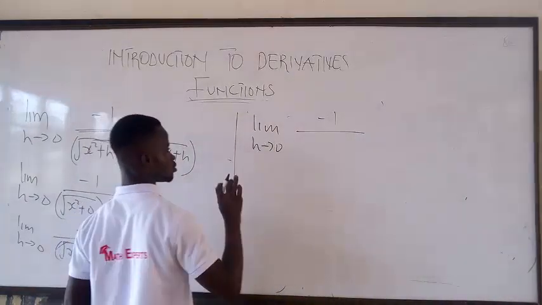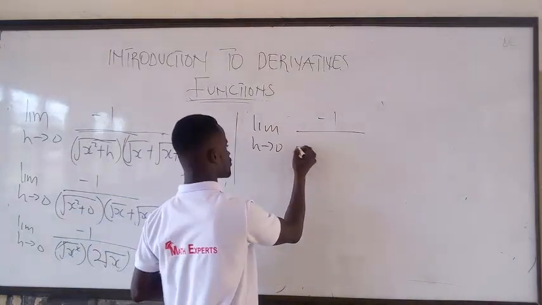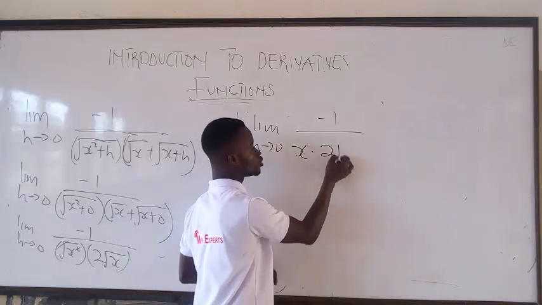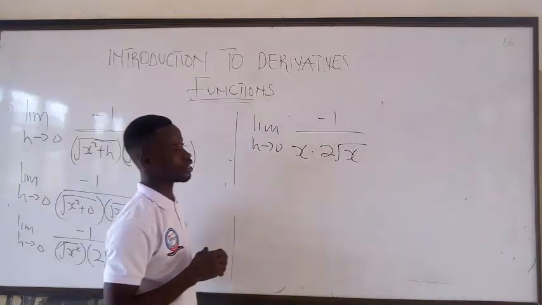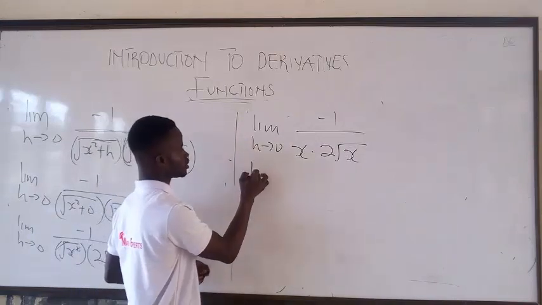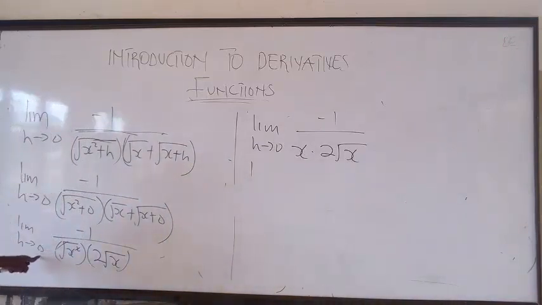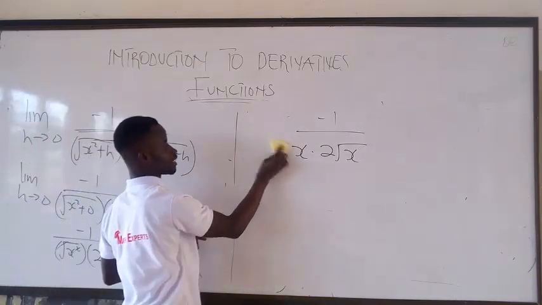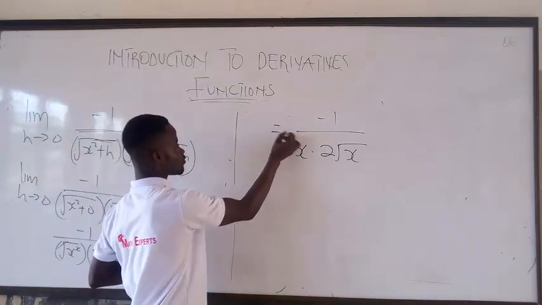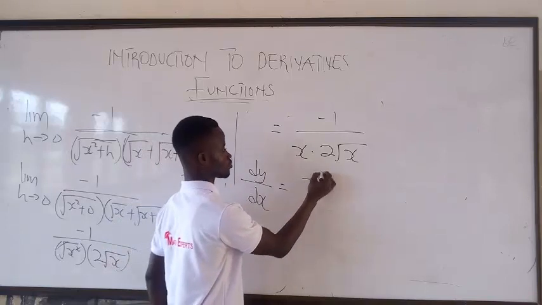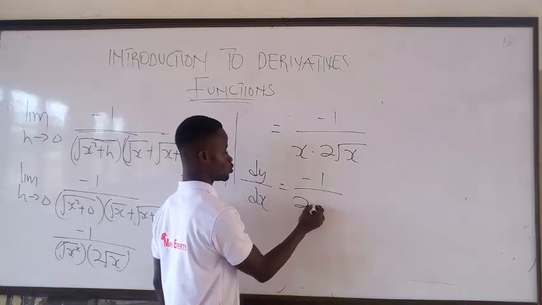So we are going to be left with x multiplying square root of what? X. But don't forget that since we substitute 0 where h is, no more bringing the limits again. So we have our dy/dx to be equal to that.